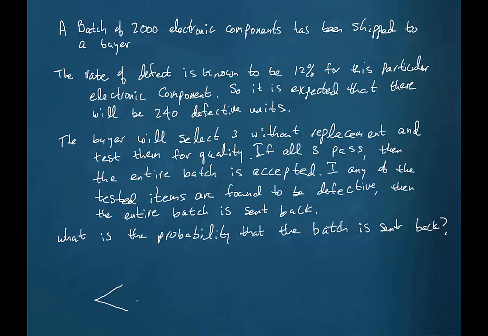A selection is going to be made, and that selection could be a unit that is good or a unit that is bad or defective. Then, without replacement, a second selection will be made, and that selection will be either good or bad.